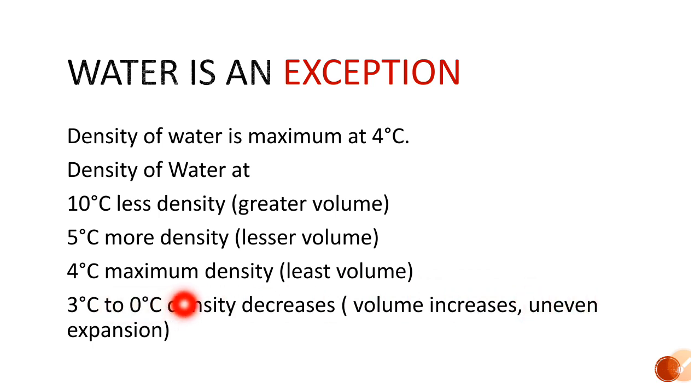So this is an exceptional case in water. If the volume increases with the decrease in temperature from 4 degrees to 0 degrees, then the density decreases. So for water, the maximum density is at 4 degrees Celsius.